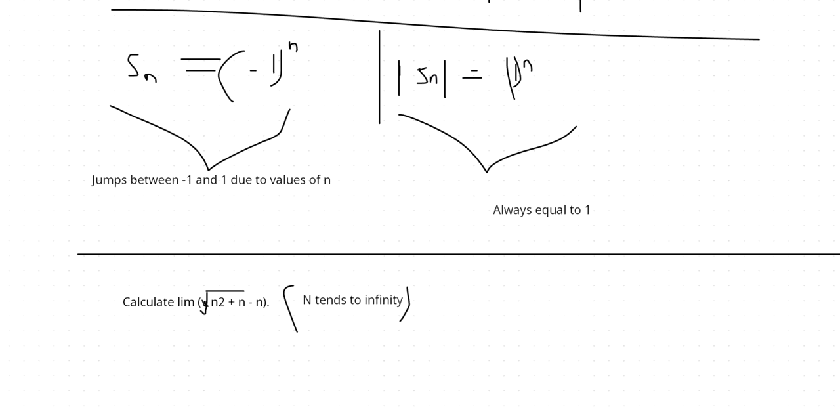So root of n squared plus n minus n would be equal to root of n squared plus n minus n, times root of n squared plus n plus n, upon root of n squared plus n plus n. Oh, plus n, my bad.